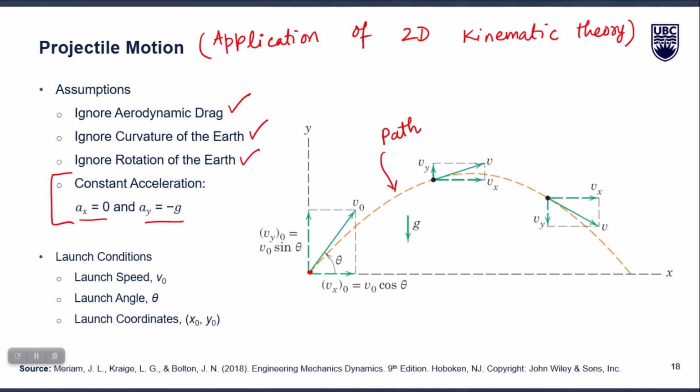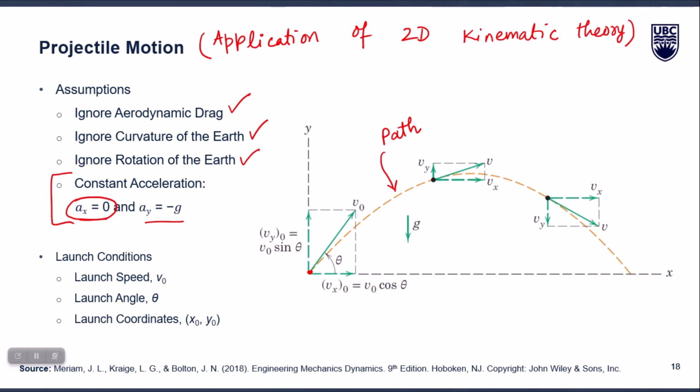So throughout that path, throughout that orange line, the x component of acceleration should be 0 because there is no horizontal x direction force applied. Gravity does not have any x component, right?